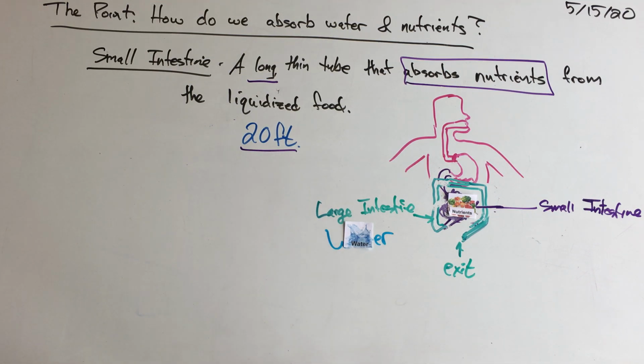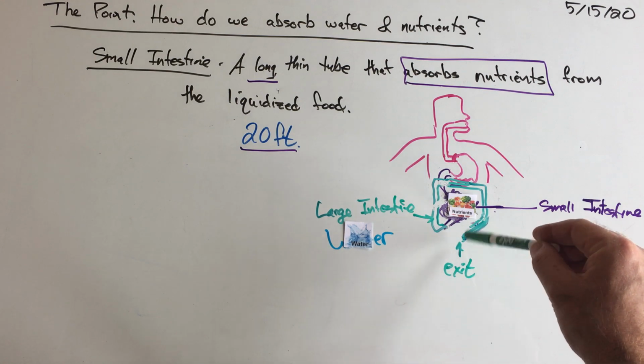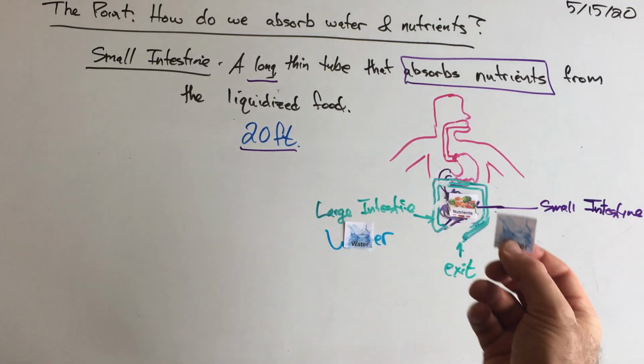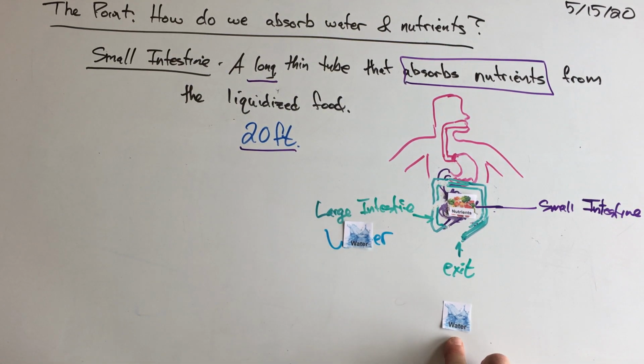One, it's just convenient, right? And two, any water that we poop out is lost to us. We don't get to absorb it anymore. If we poop the water out, well, we're definitely not drinking it anymore. That's not going in our body again, right?